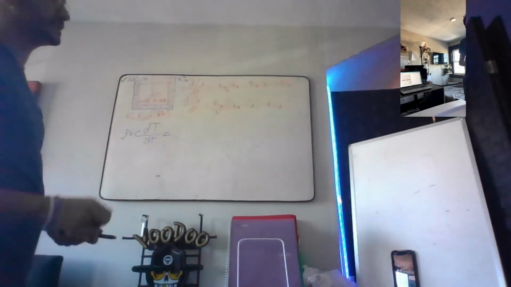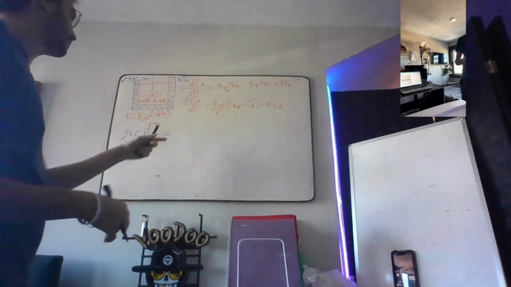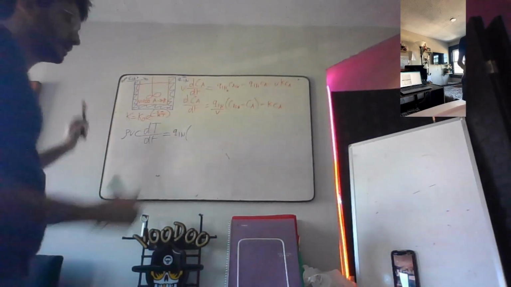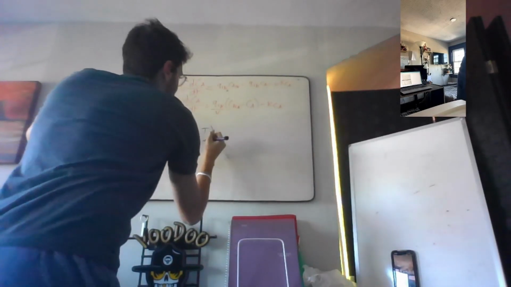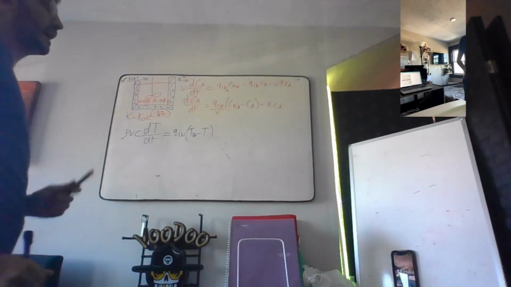Well, we're going to be using a similar idea as before. We're of course going to be using initial Qn. And then, however, instead of the concentration, we're dealing with the temperature, right? So it's going to be temperature going in minus temperature, right? Then we're going to add a few things.